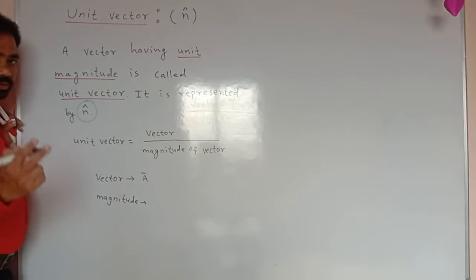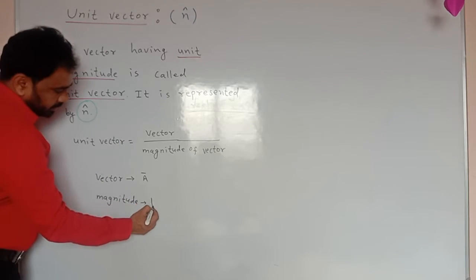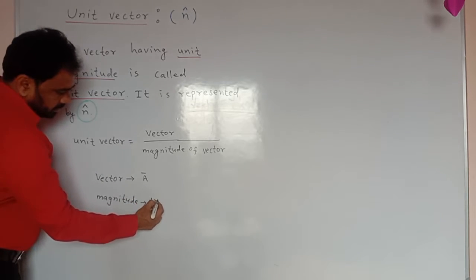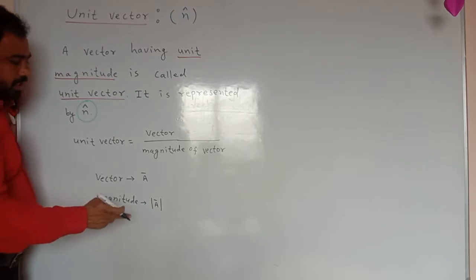then there are two methods to represent the magnitude of vector A. One is, if you write vector A, you should write it in mod.